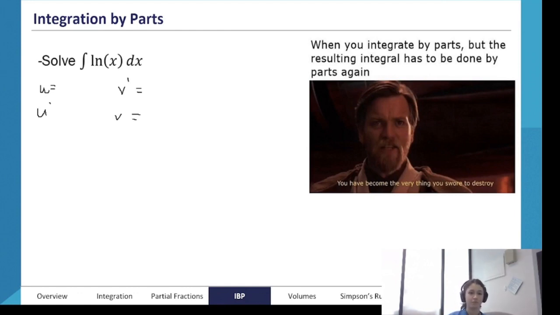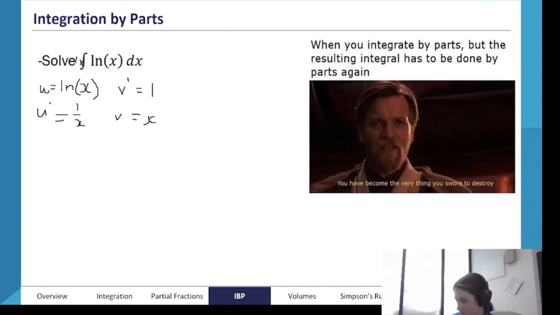So we have a multiplication here, right? We know that one of them is ln x, and the other one is 1, because this is technically 1 times ln x. So if we derive ln x, we're going to get 1 on x. If we integrate 1, we're going to get x.